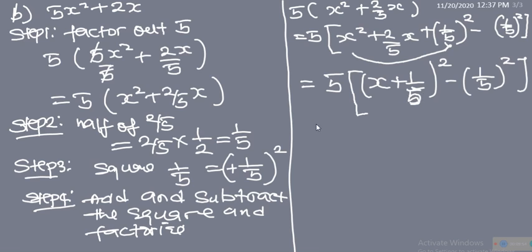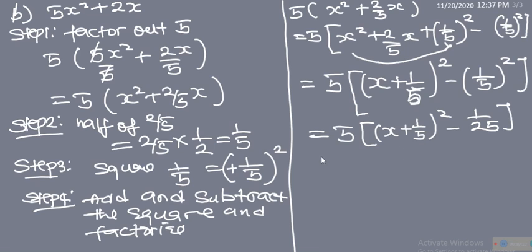So this is 5. We can simplify this to be square bracket x plus 1 over 5 squared minus 1 over 25 here.